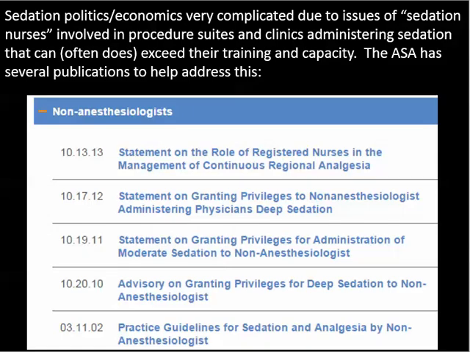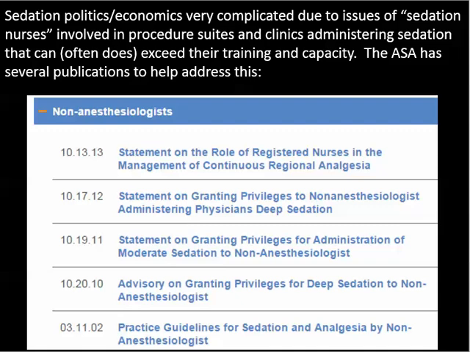So that brings us to another key point that apparently has been the subject of exam questions, and that's that there is a very complex political and economic series of issues around IV sedation. It's very complicated.